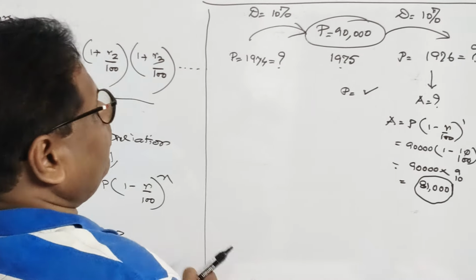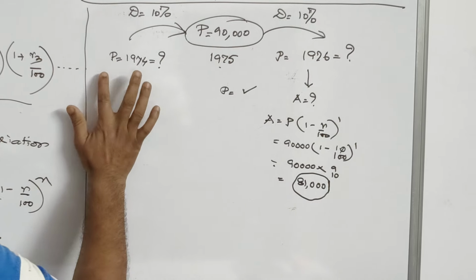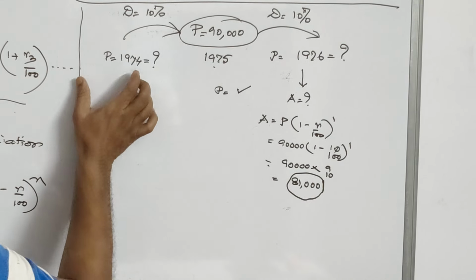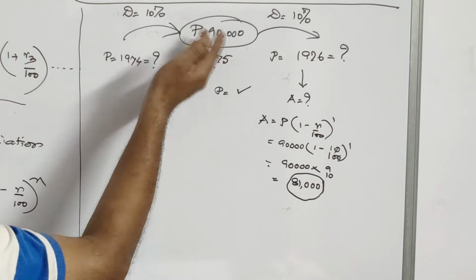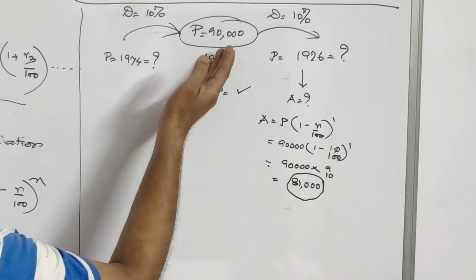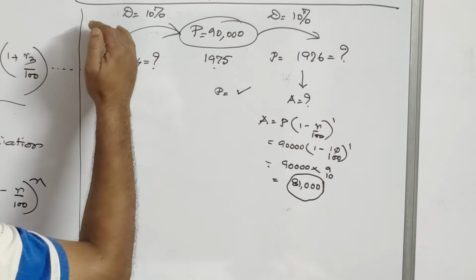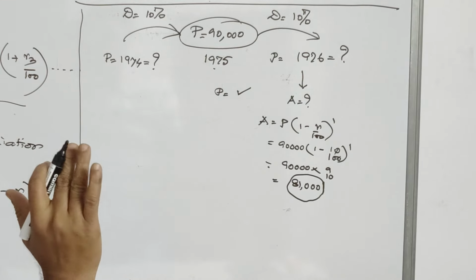Now let us find what was the population in 1974. The population 1974 is the principal for this particular change, and this will be the amount, because what it becomes after is the amount, on what it was, that is the principal. So for this question, the formula will remain the same.